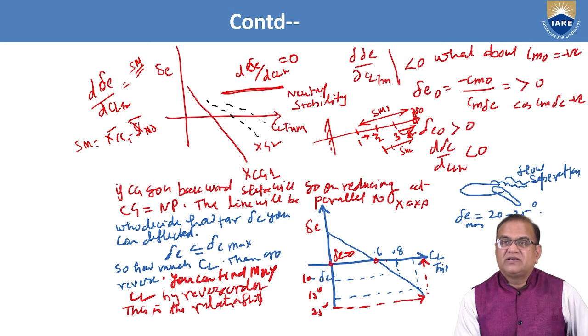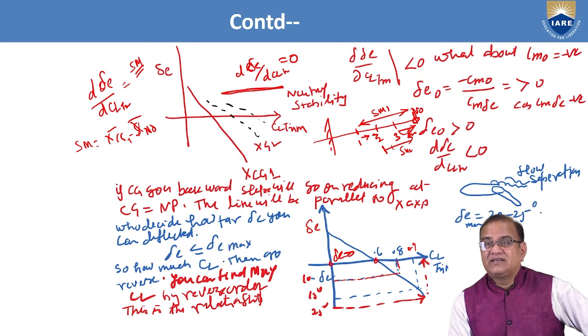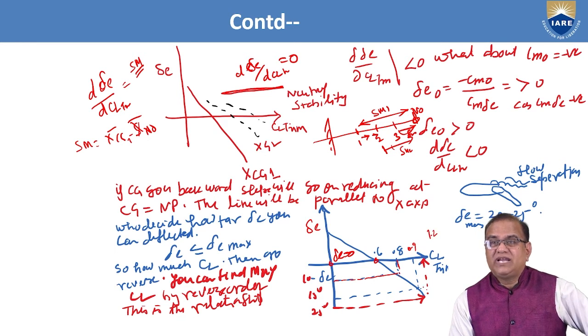But if you want more CL, 0.8, you have to put it down here. This is minus delta E, maybe 10 degrees, assume. If you go further to 0.9, you will get some 15 degrees. But if you go further ahead, 1.2, then you will get delta E equal to minus 25 degrees.